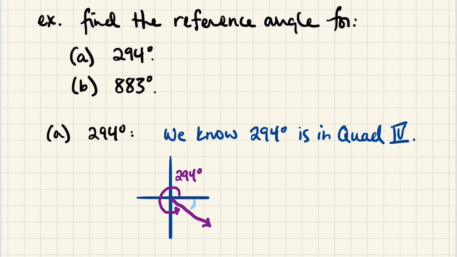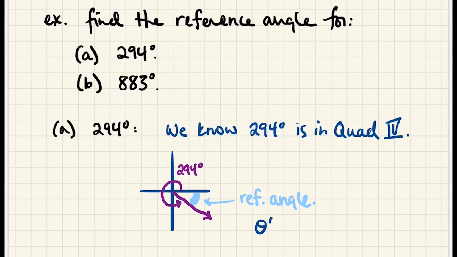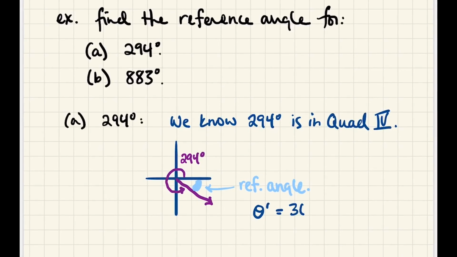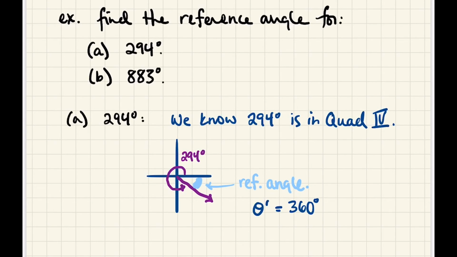Well, that would be this tiny little acute angle in here. Again, it's always between the nearest portion of the x-axis and the terminal side of the angle that you're dealing with. So we could see that our theta prime will be 360 degrees, which is a full revolution, minus the 294 degrees, which is 66 degrees.